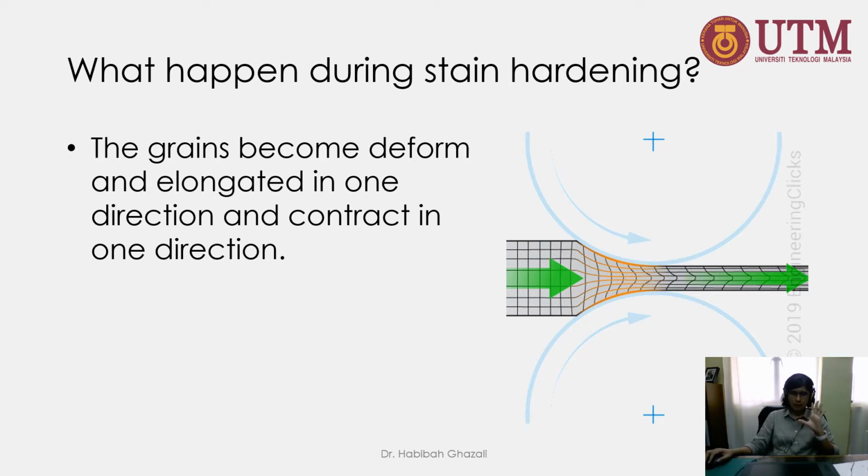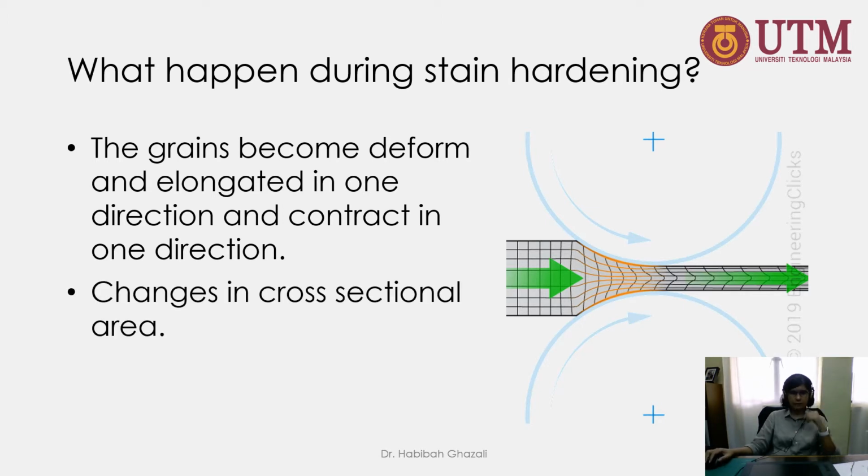As you can see here in this schematic, when this metal undergoes the rolling process, each grain of this metal will become elongated in the direction of the rolling, and it will be contracted in the lateral directions.